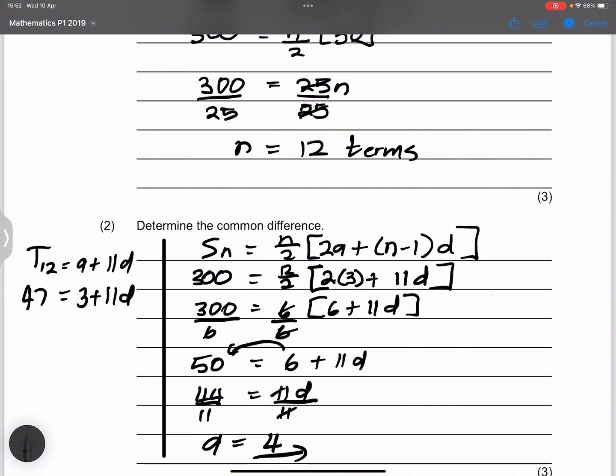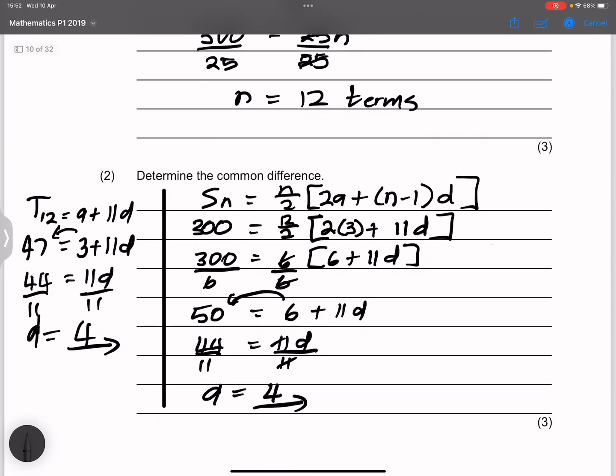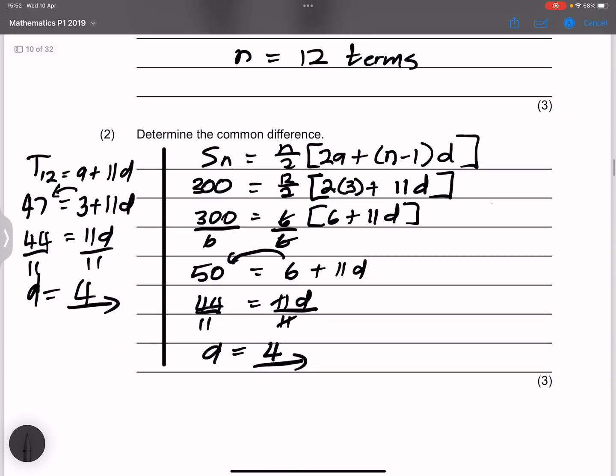So that if we take the 3 to the other side, 47 minus 3 gives us 44, is equal to 11d. In fact, this was much simpler. Divide by 11 and we get d is equal to 4. Right, and so that is how the cookie crumbles as we move on to the next part.